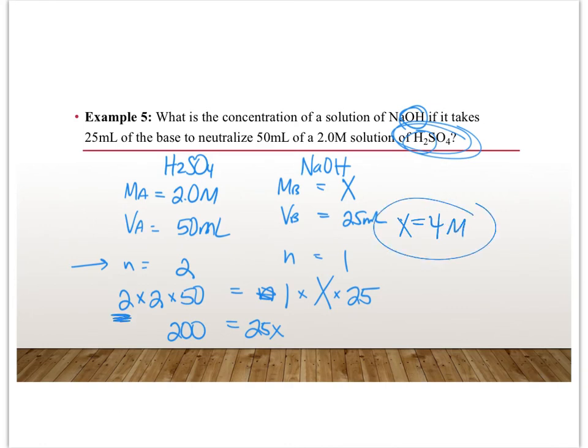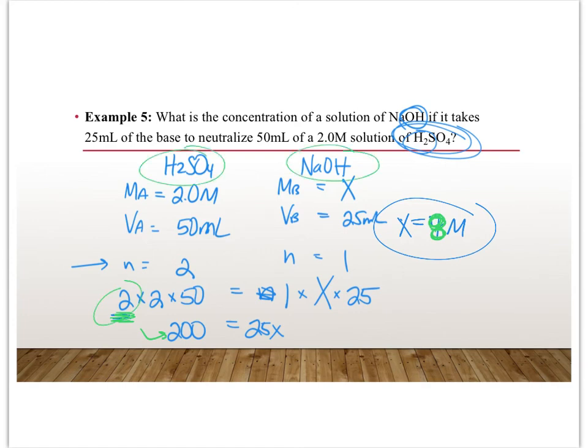If you forgot to put the 2 here, and you just said, oh, 1, because I'm used to putting 1s here, you would get, oh, this should be 8. I'm sorry. If you put the 1 there instead, that would make this 100, and 100 divided by 25 would be 4. So your math would be wrong if you do not take this into consideration.